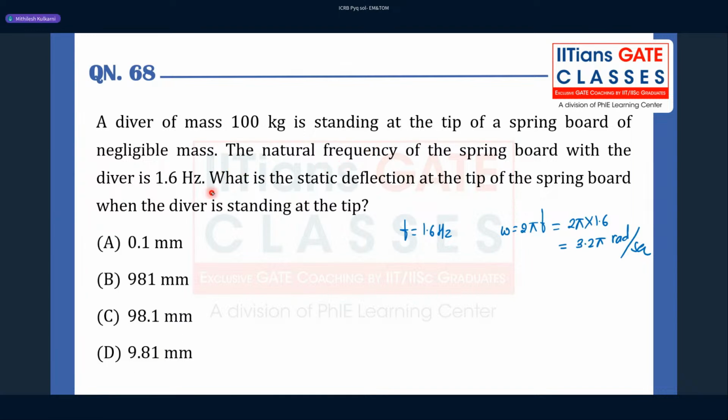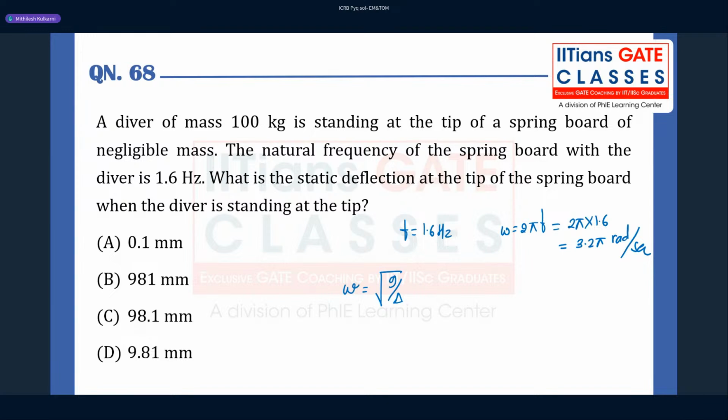What they are asking is what is the static deflection at the tip of the springboard when the diver is standing at the tip? We know that if frequency is given, frequency of the springboard can be denoted as under root of g by delta, where g is the acceleration due to gravity, and delta is called the static deflection here.